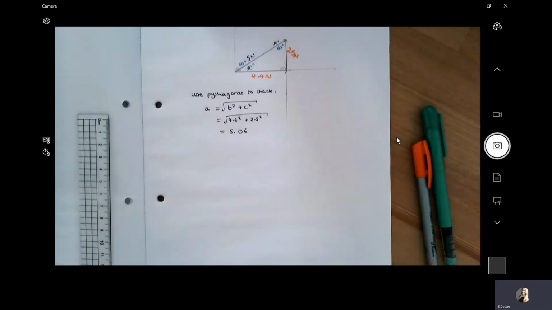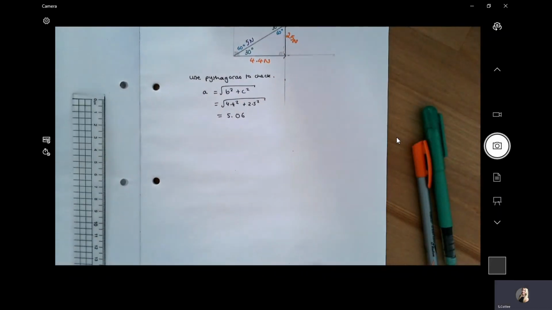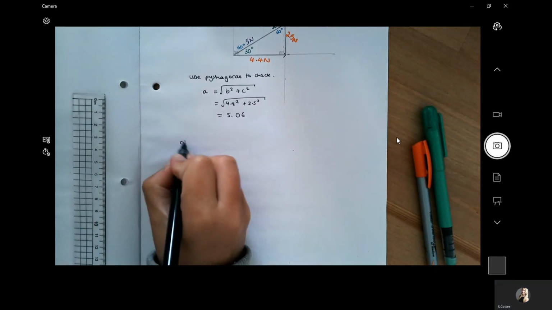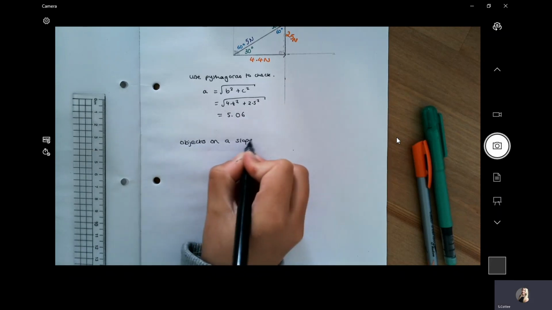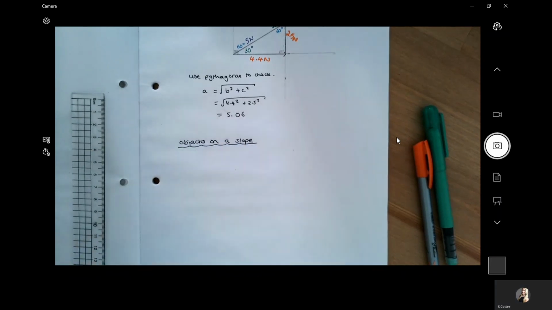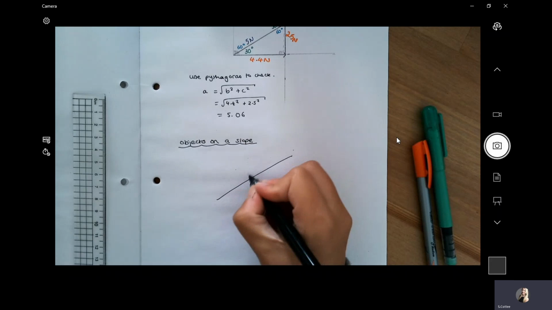Okay, now a real common example of where you could have to resolve a force into those components is looking at objects on a slope. So here's my slope, and here is an object.